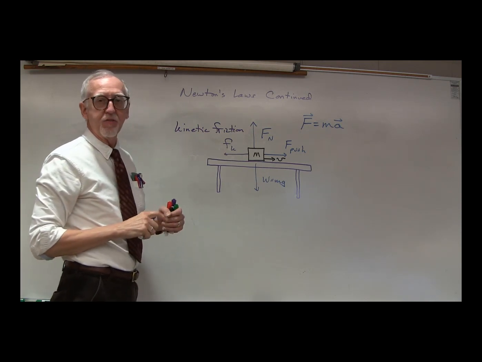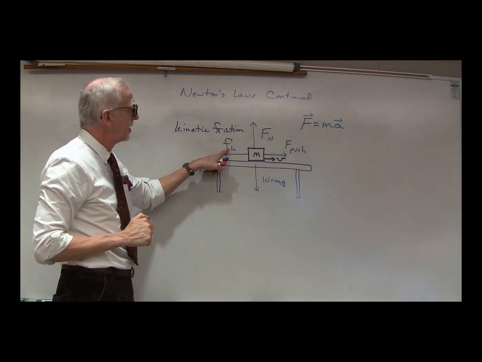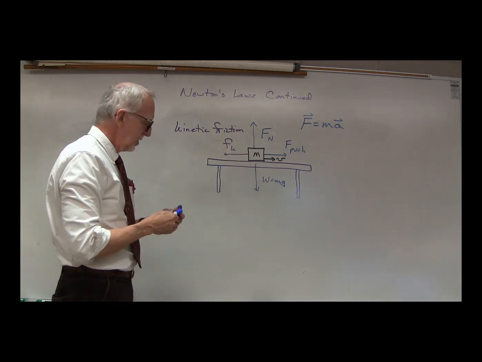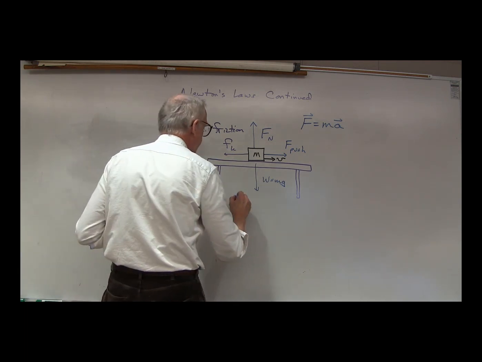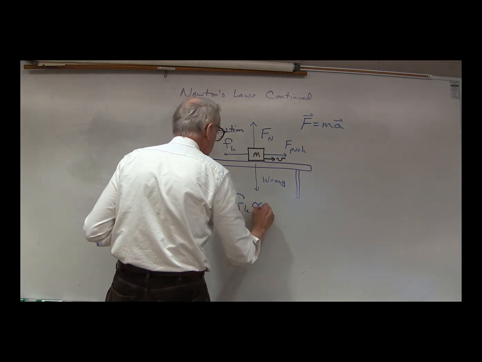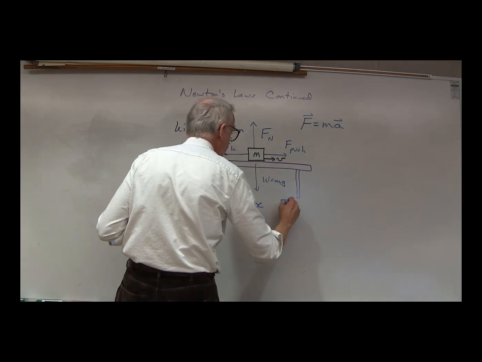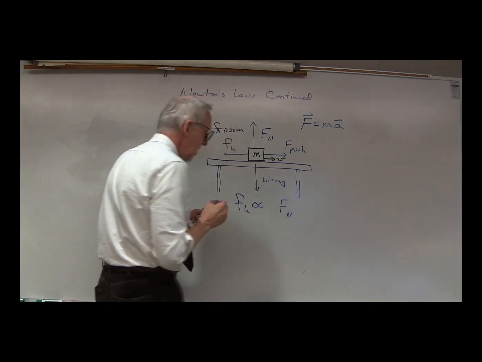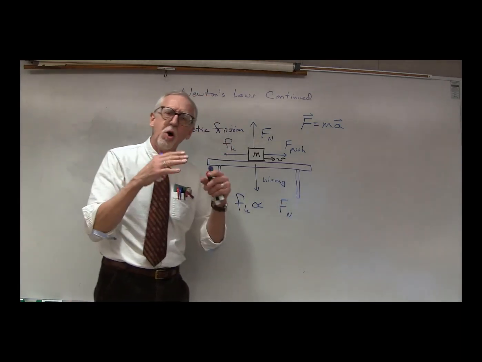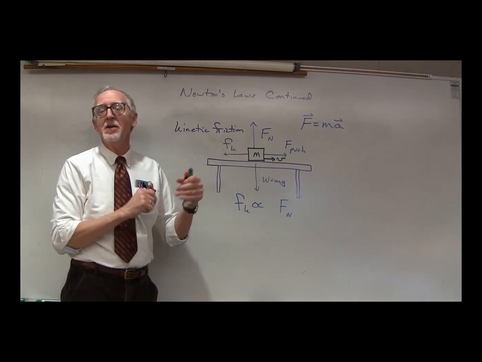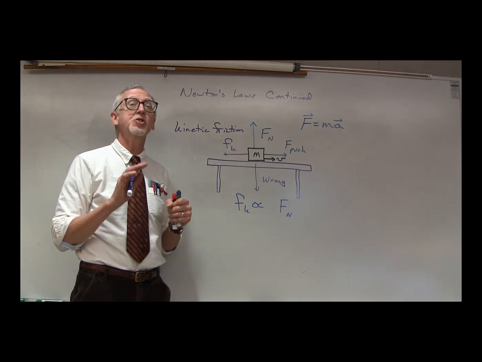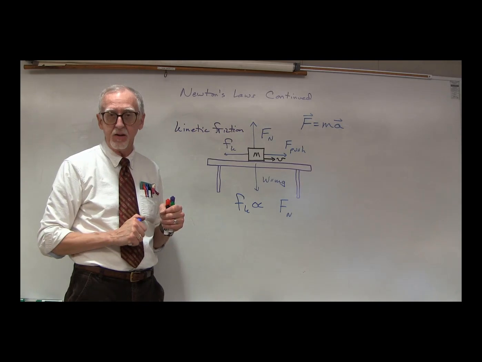The symbol for kinetic friction will be a lowercase f sub k. And what we have found is that the kinetic frictional force is also proportional to the normal force. And for small speeds, it is independent of the speed. So for now, we'll assume that it is exactly independent of the speed.